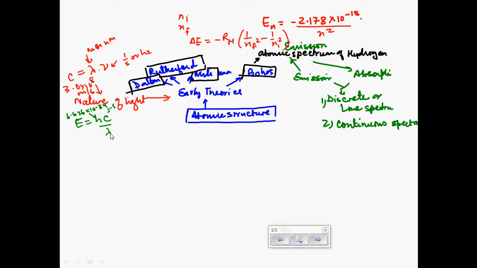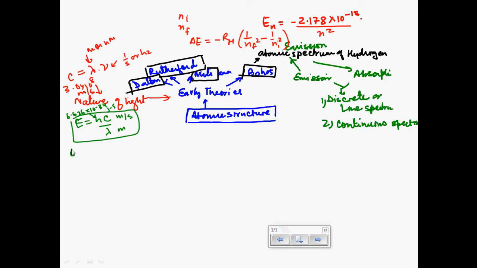Lambda is wavelength of whichever color photon you're calculating the energy for, and it is generally in meters. If it is in nanometers, you'll need to convert it because c is in meters per second, so units cancel out. So these are the two equations you need to know in terms of photons, energy of quantum, and light. One thing I want to remind you here is this is energy of one photon. This is the formula for calculating energy of one photon or one quantum.